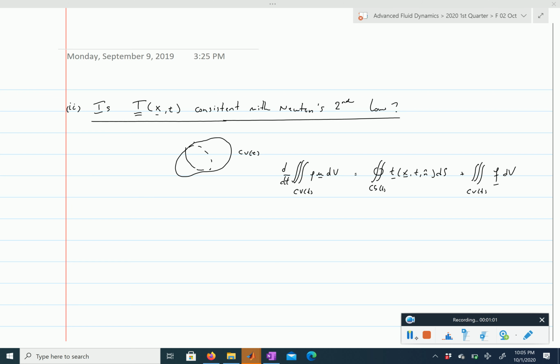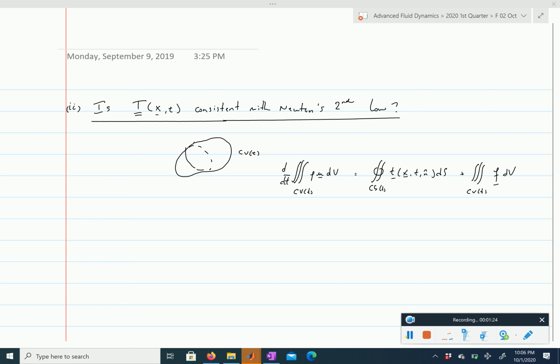Note here that because we do not have a fixed control volume but a material control volume, I don't include here the flux of momentum through the interface, because there is none, because the volumetric flow rate through a material control volume is equal to 0.